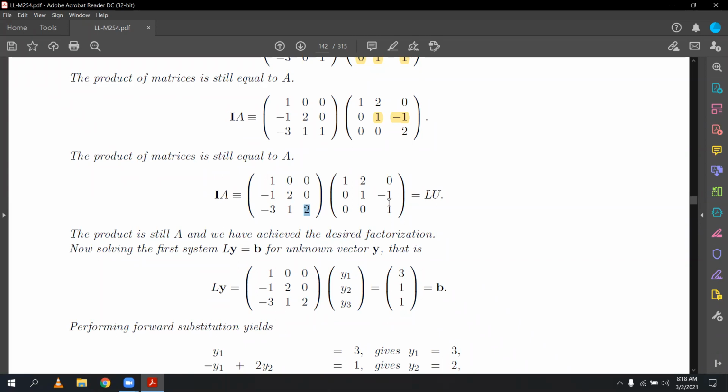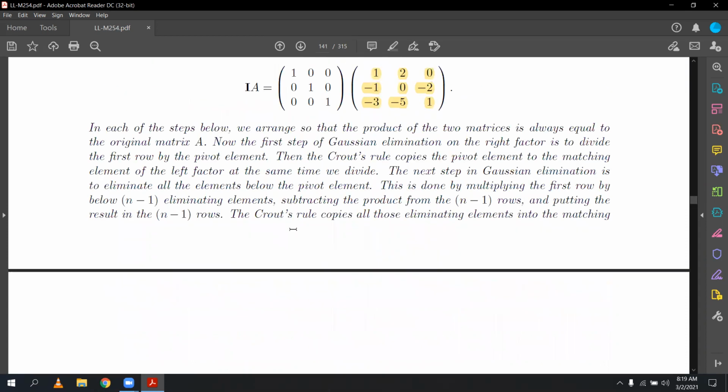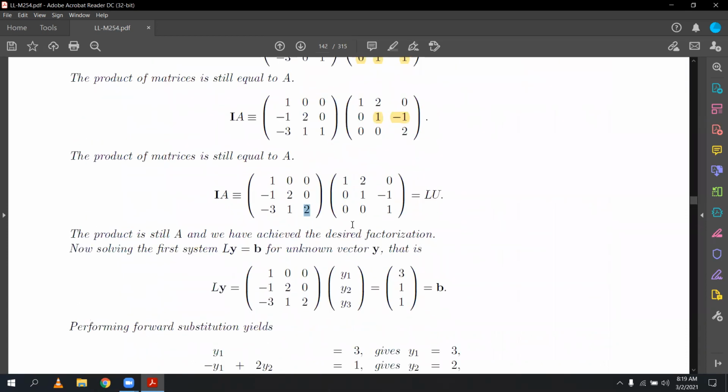You have to start with IA equal to A, and then convert your A into unit upper, and any element you change, you put in this position.